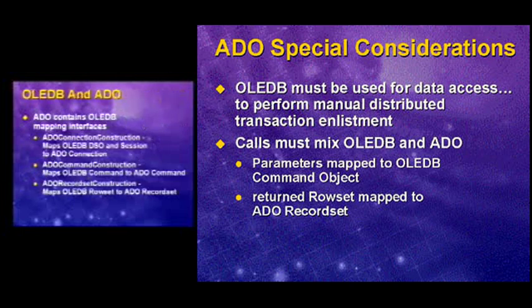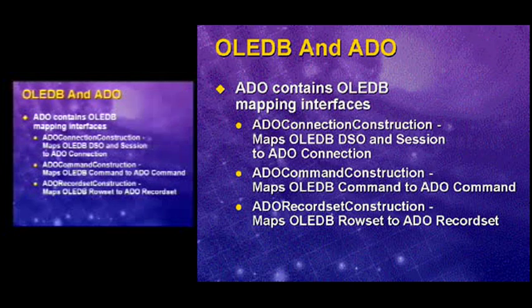Okay. How I do this is it turns out that if you look in the type library and reverse engineer it to IDL with the tool to do that, you'll notice that if you look in the ADO type library, there's these three nice interfaces that you can use.